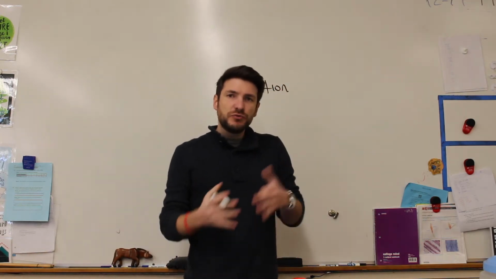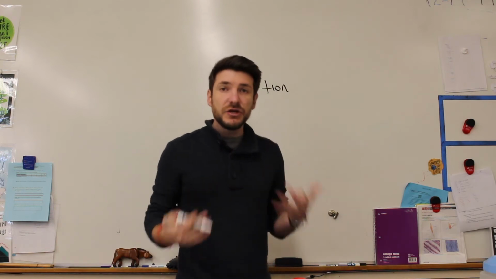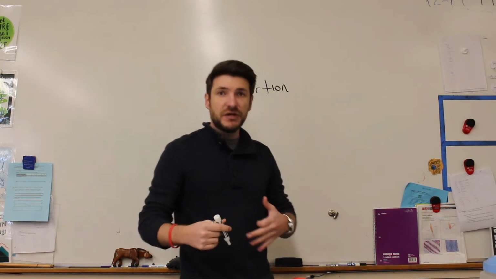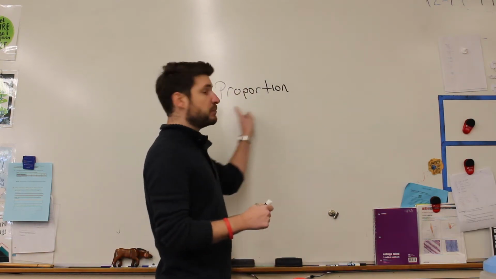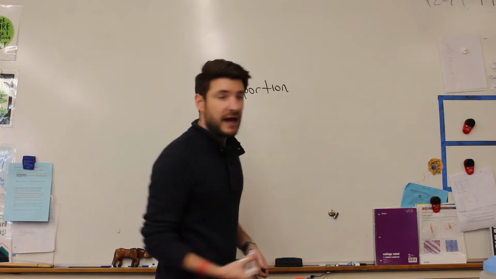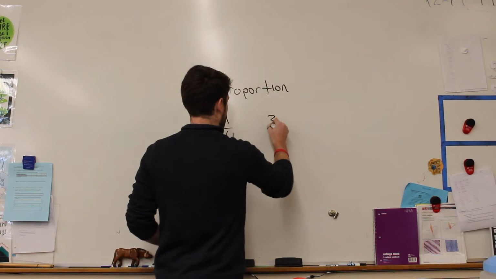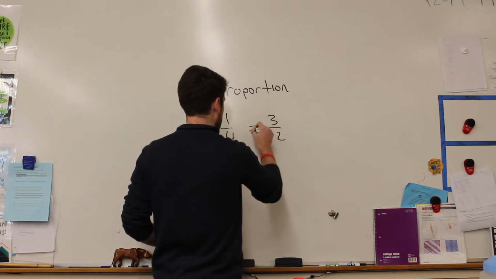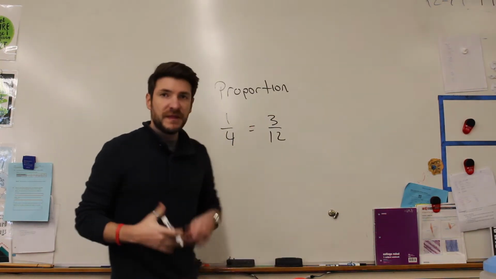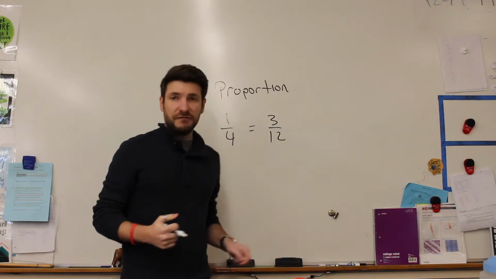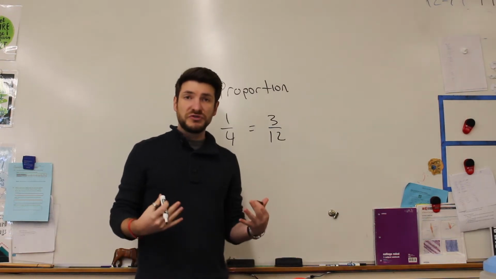A proportion is simply two ratios that are set equal to each other. They have to be equal in order for it to be proportional. So we have 1 to 4 is the same thing as 3 to 12. These are proportional.